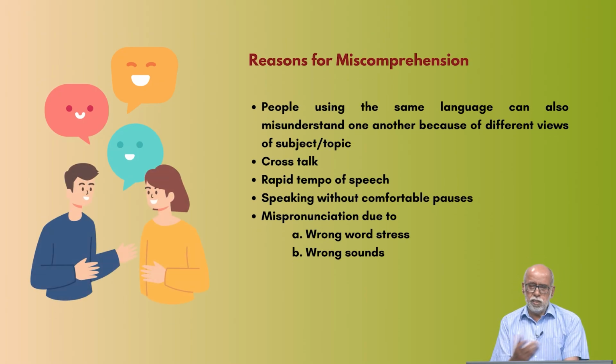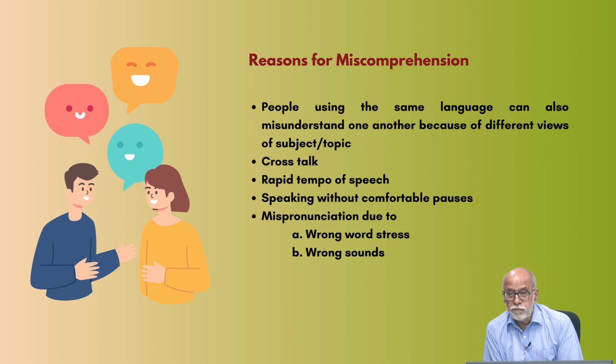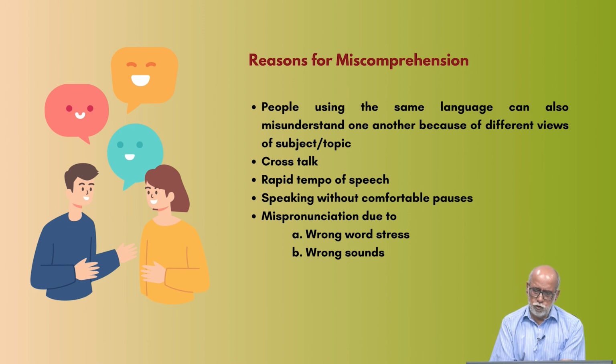After all, there are only a very few reasons for which even people knowing the same language, sometimes even members of the family, even very good friends, misunderstand one another. Why does it happen? Researchers show that there are very few reasons. One is that listener and the speaker may have different views of the subject or the topic.